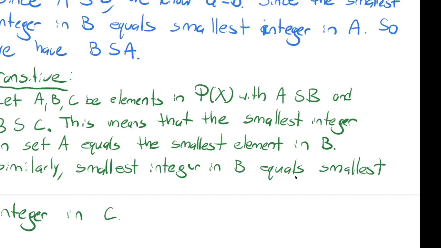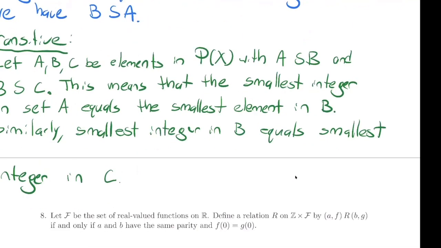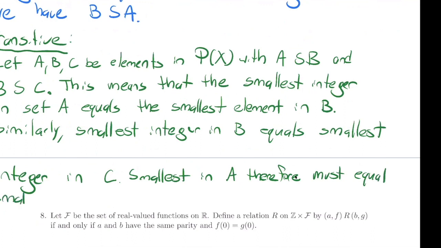Okay, so basically here we're just using the transitive property of equals. So we've got the smallest element in A, therefore must equal the smallest element in B. And that would prove that last one.